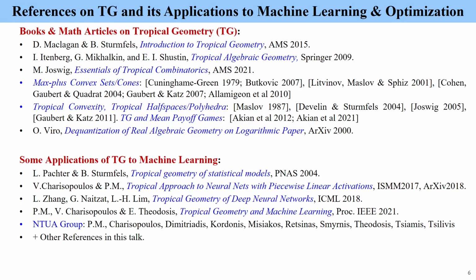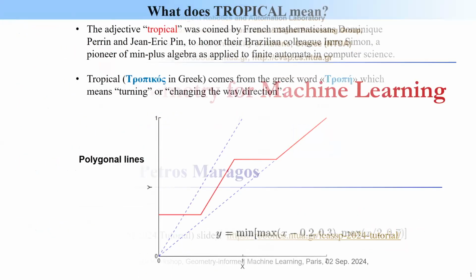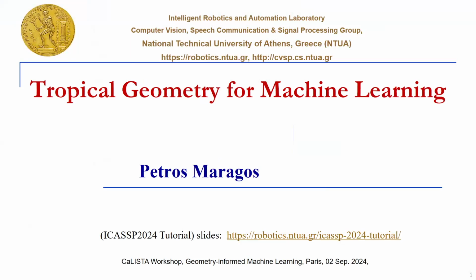Actually, talking about the references, let me mention the following thing that I skipped. I gave recently a tutorial talk at the international conference ICASSP in Seoul, on the same topic. And in this link, you can find these slides plus many more topics covered under tropical geometry for machine learning and optimization.